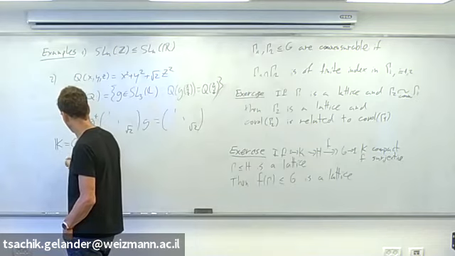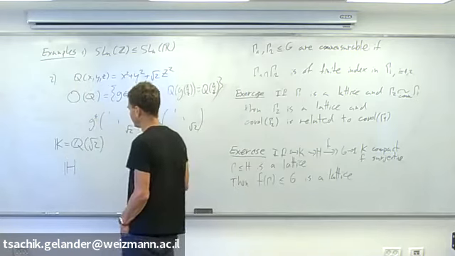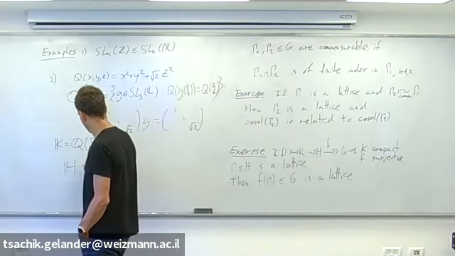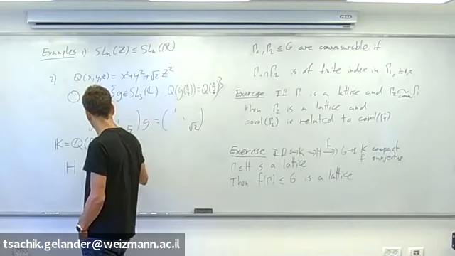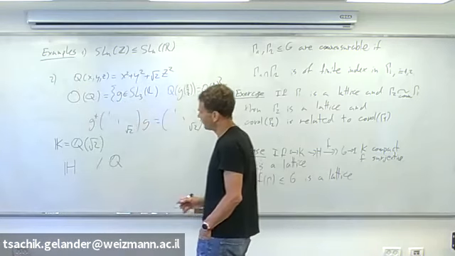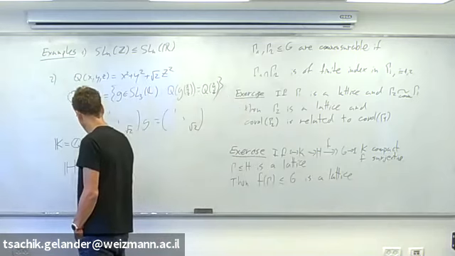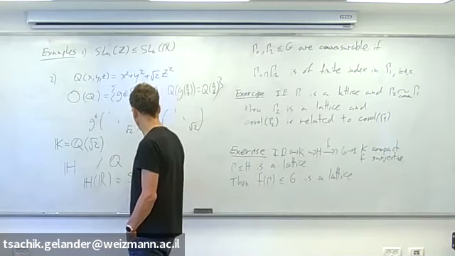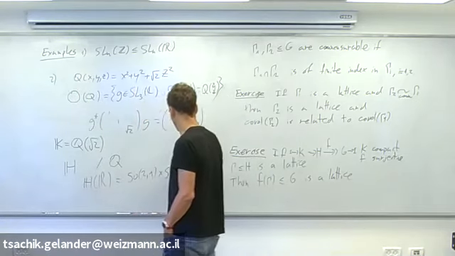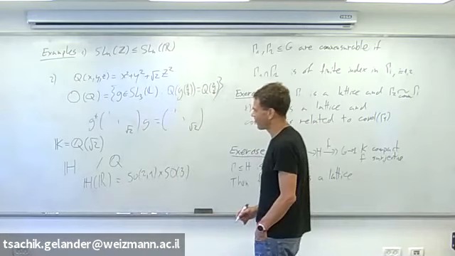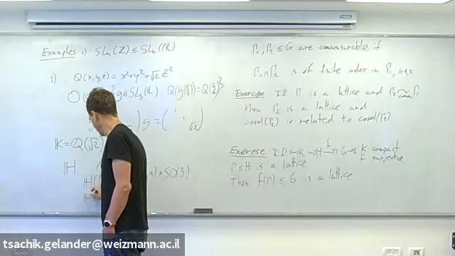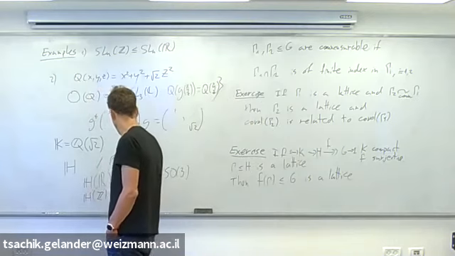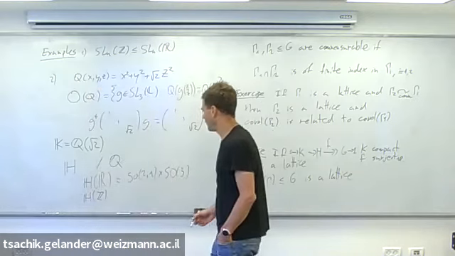There is a procedure of restriction of scalars, and then you get a group H defined over Q, such that H of R will be the group SO(2,1) times SO(3), which is compact, and H of Z is a discrete group.